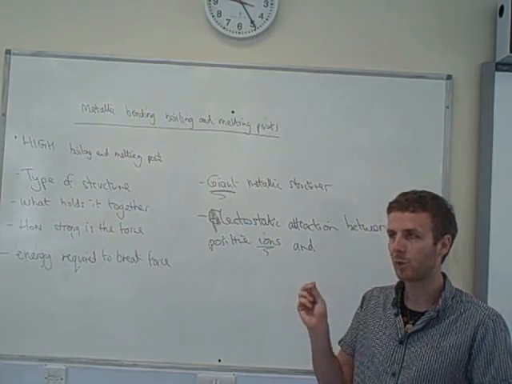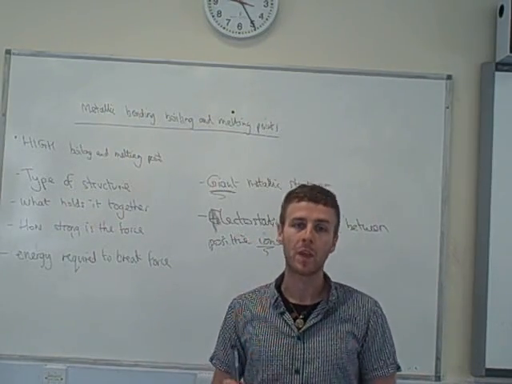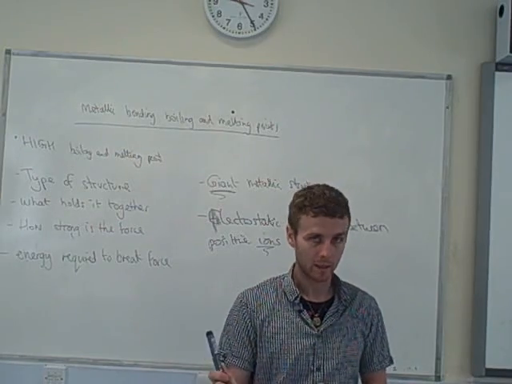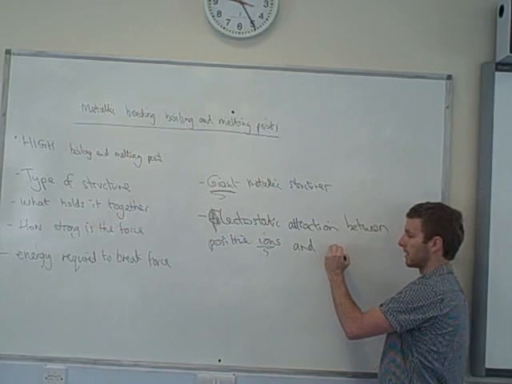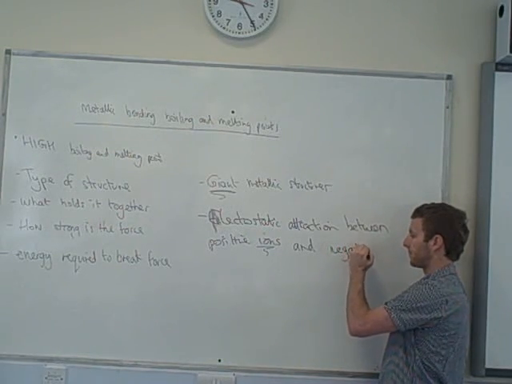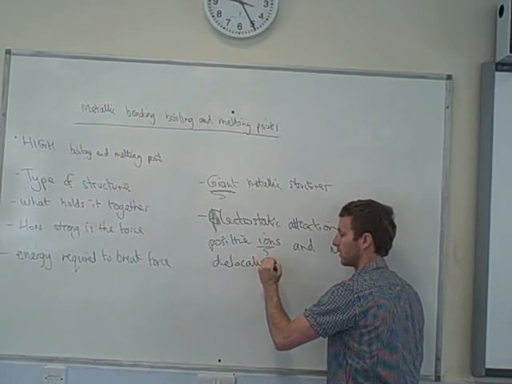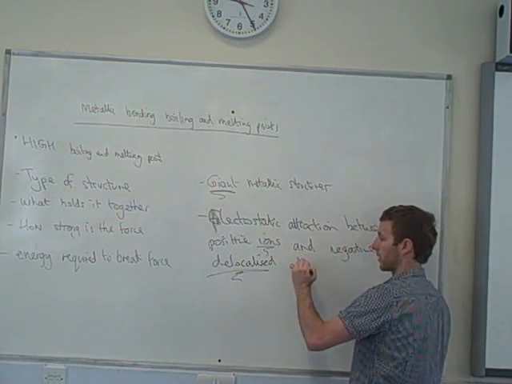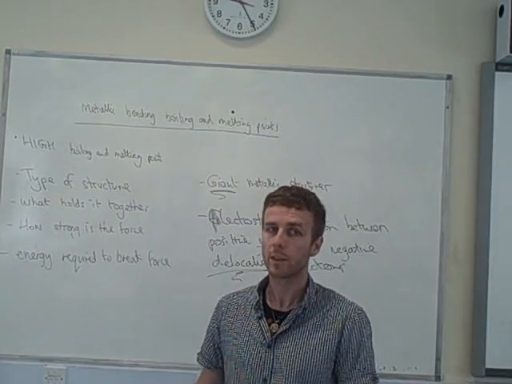There's only a few certain electrons which kind of act like the glue and hold it together, and they are the delocalized electrons. So electrostatic attraction between positive ions and negative delocalized electrons.